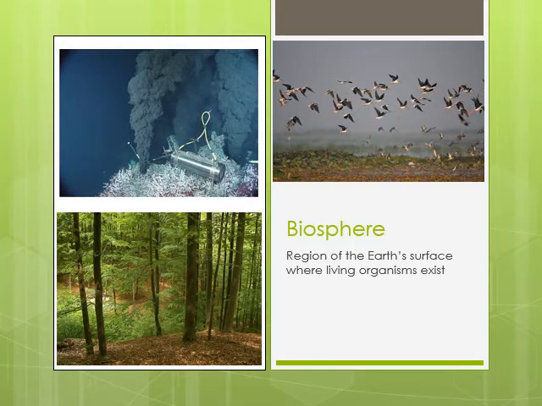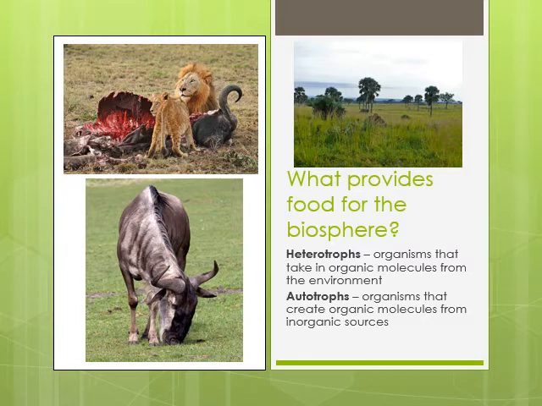So by far, most organisms on the planet get their energy from all sorts of sources. Some organisms get their energy from eating other organisms. Some organisms get their energy from inorganic sources.